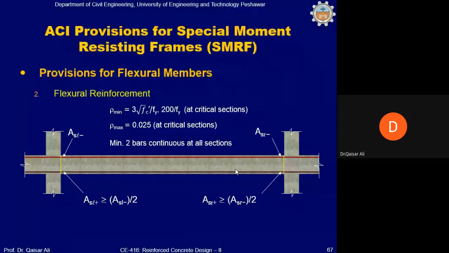And the flexure reinforcement. On the flexure reinforcement, as we have seen in the beginning of today's lecture, all actions in the reinforced concrete frame occur at the ends of the beams or at the beam column joints.